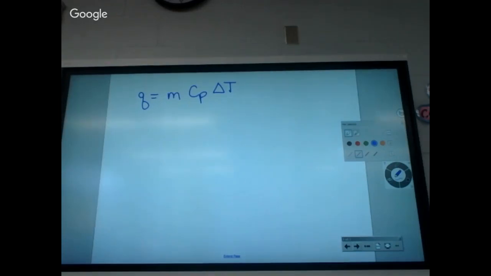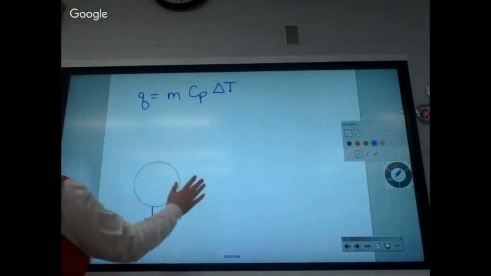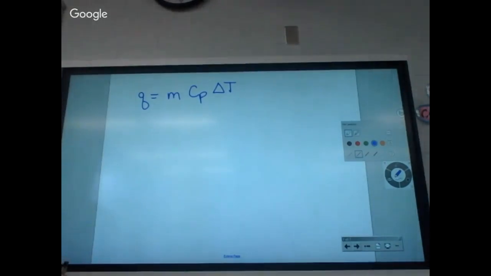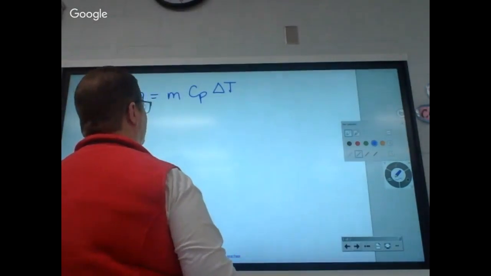If I want an A, that's an A, or that's an A. This is an I, and that's an I. Some people write I's. So Q equals mCp, a triangle and a T. Is it up like an exponent, or did you just accidentally write it down?